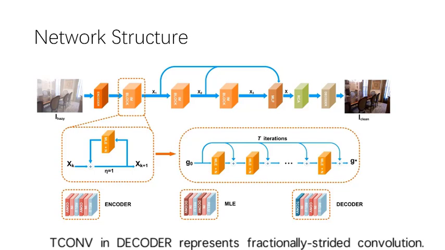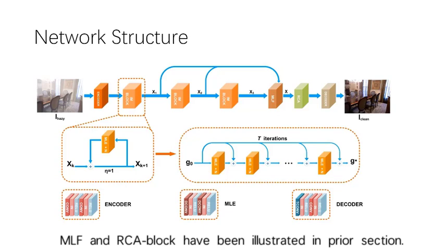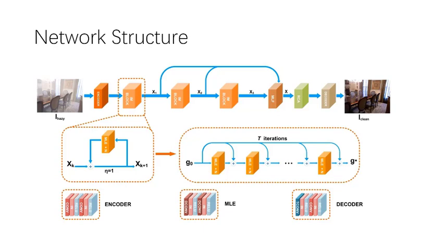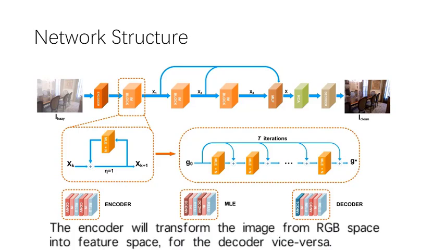DCON in the decoder represents fractionally strided convolution. MLF and RCA block have been introduced before. The encoder will transform the image from RGB space into feature space, and for the decoder, vice versa.